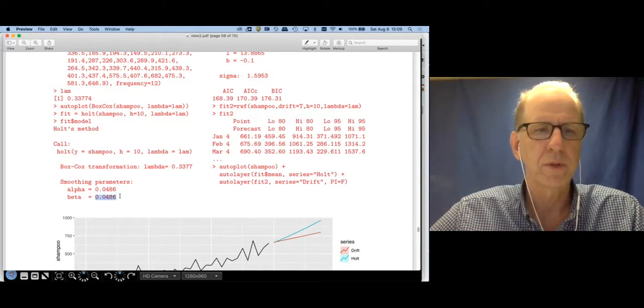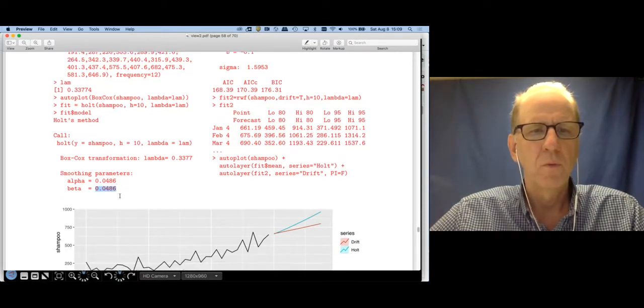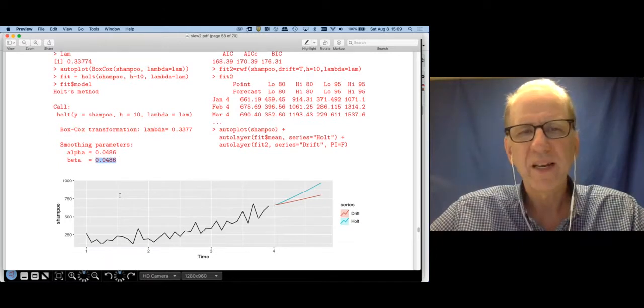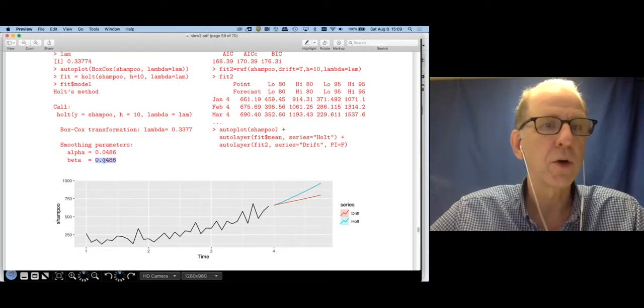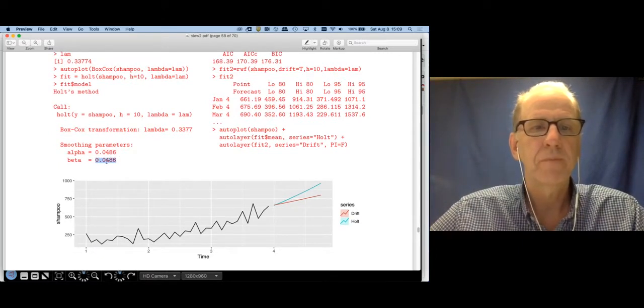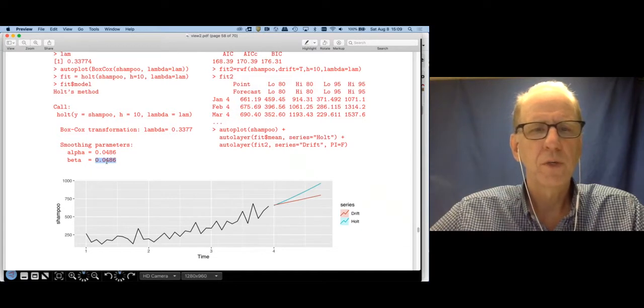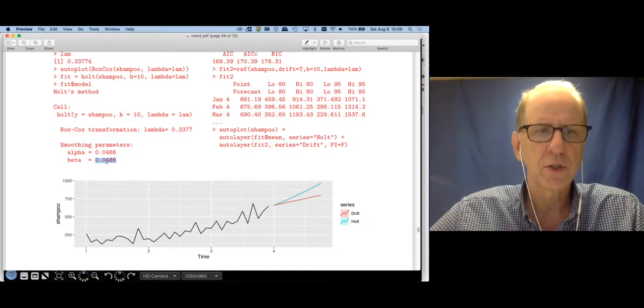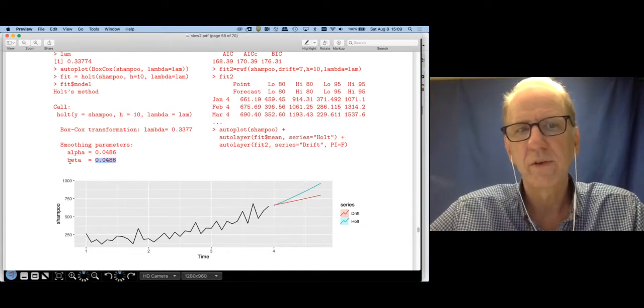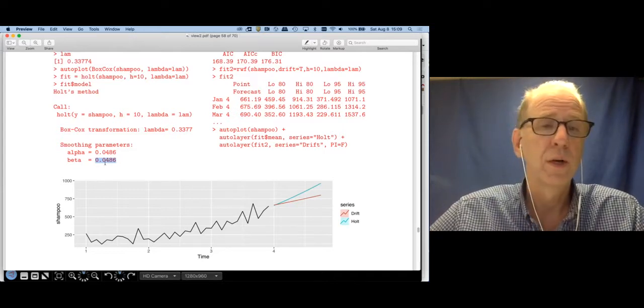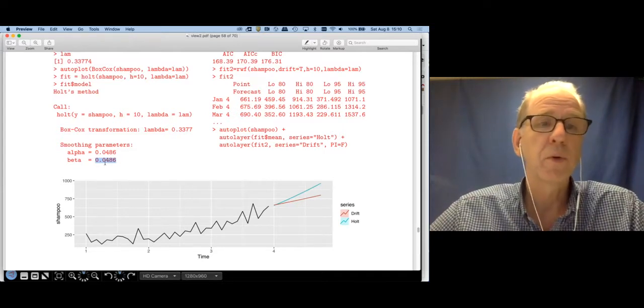So let's just start out with this. The slope is not changing much over time, so I don't need to give a lot of weight to the latest change. If the function had a rapidly changing slope, then you'd want to give a lot more weight to the current change, and beta would be much larger.